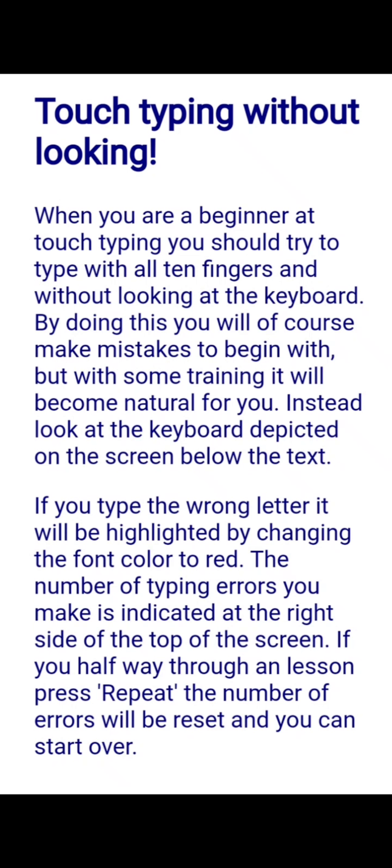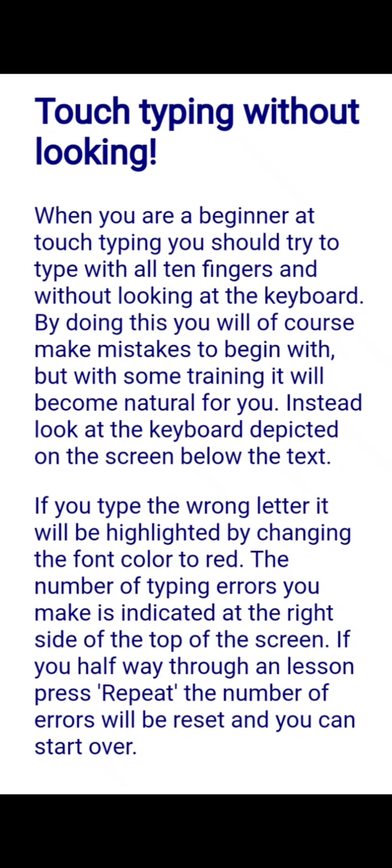Number 2, then place the fingers of your left hand on the A, S, D and F keys and the fingers of your right hand on the J, K, L and semicolon keys. Now the third step: your fingers are now in the home row position. Okay.